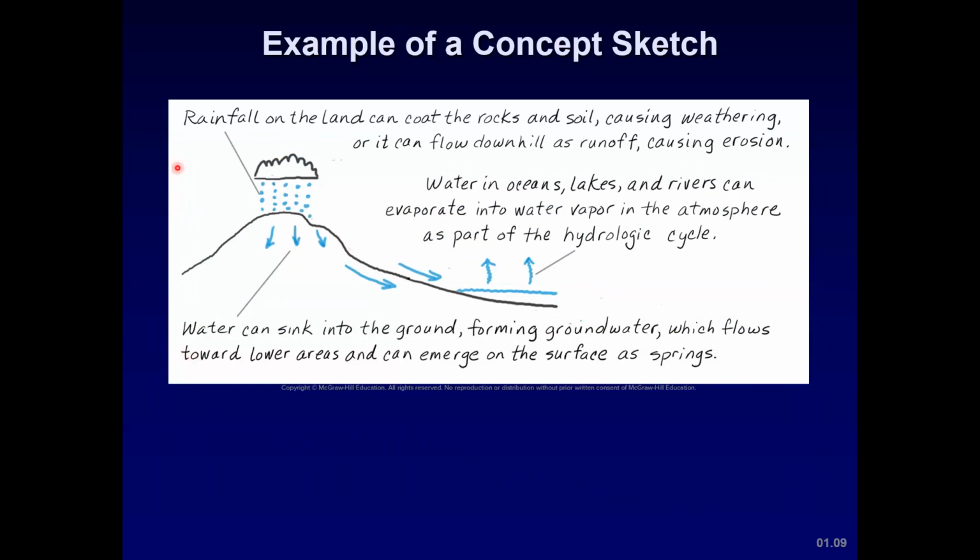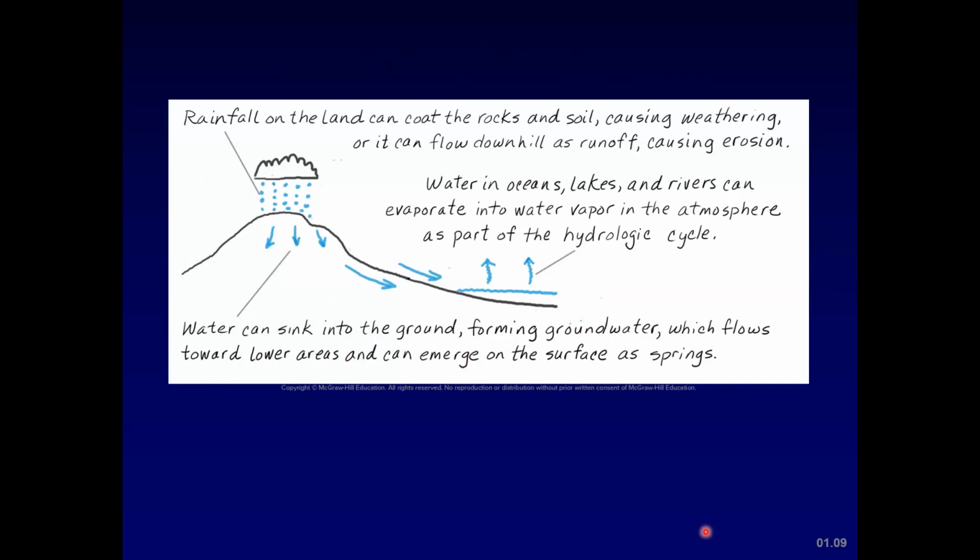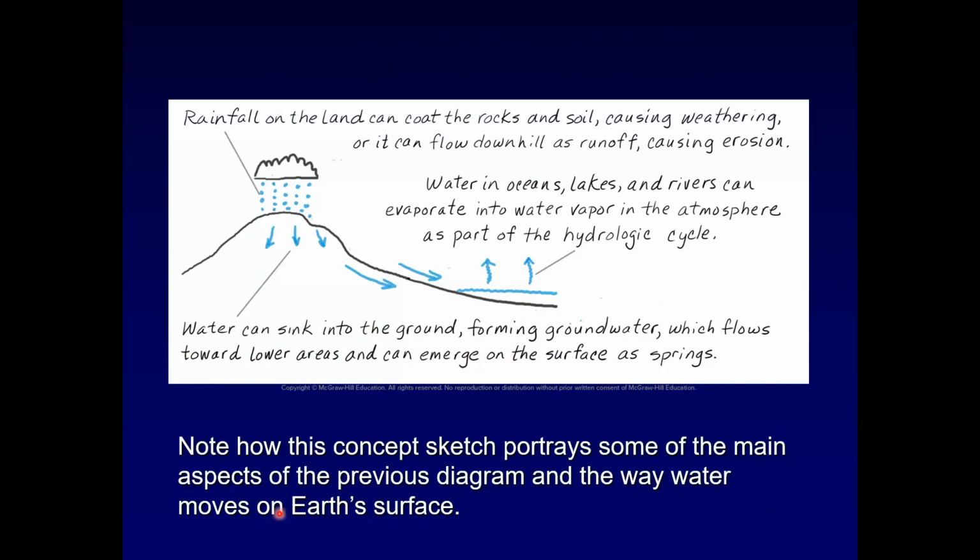So you can simplify it this way, showing the rainfall moving down the surface, evaporating back up, also mentioning groundwater, which also flows towards lower areas and then emerges again. So it's some of the same aspects of the previous diagram. It's just a huge simplification.